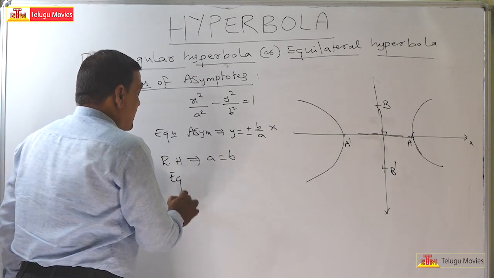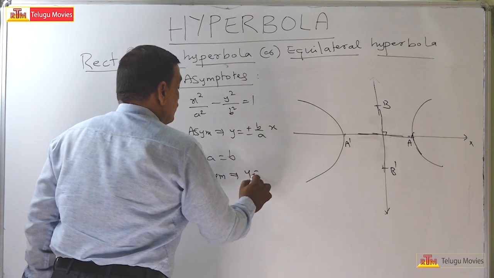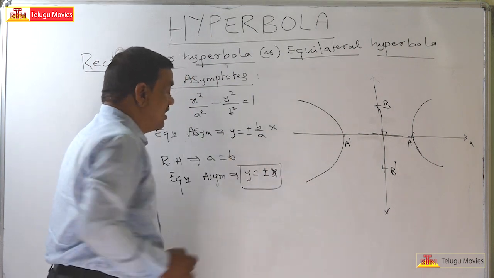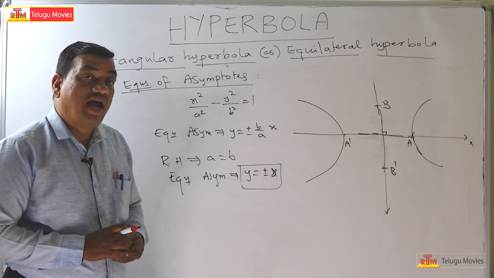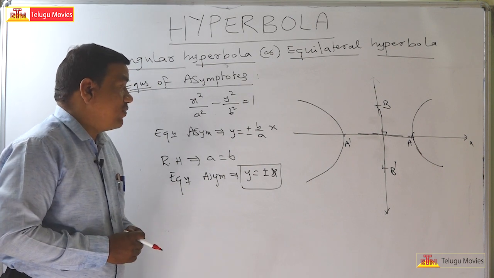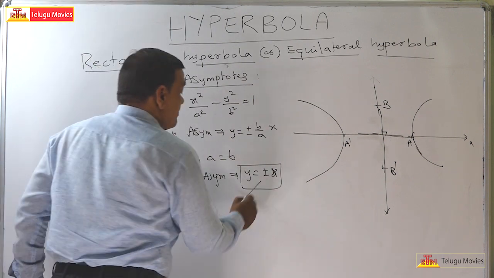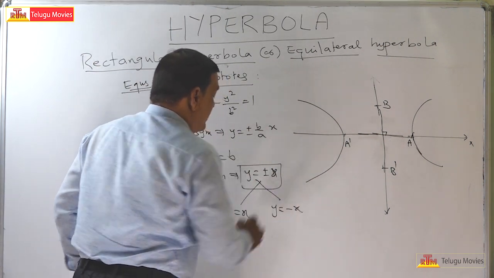Therefore, for the rectangular hyperbola, the equations of the asymptotes are y is equal to plus or minus x. That means y is equal to x and y is equal to minus x.